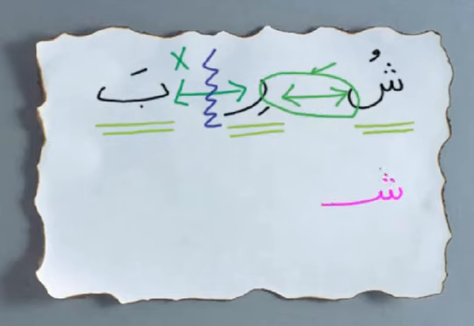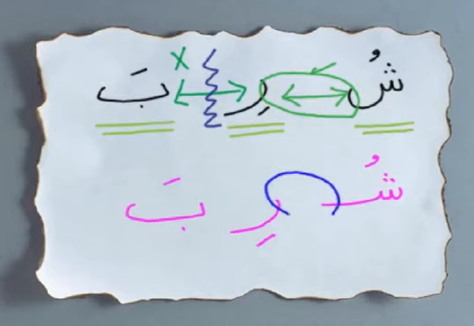Okay, let's write it first, and I'll tell you why. Shu, harfu sheen with a dhamma, you've got shu. Harfu ra with a kasra, and you've got ri. Harfu ba with a fatha, and you've got ba. Shu, ri, ba.